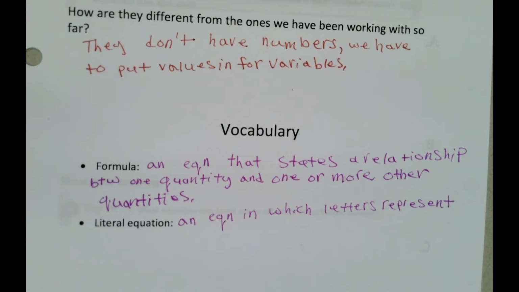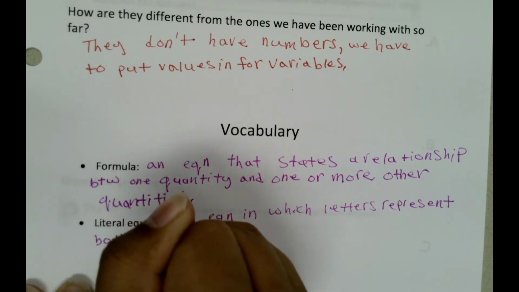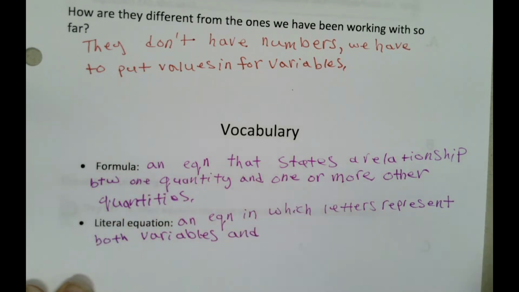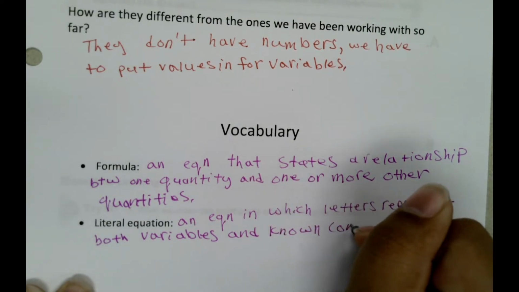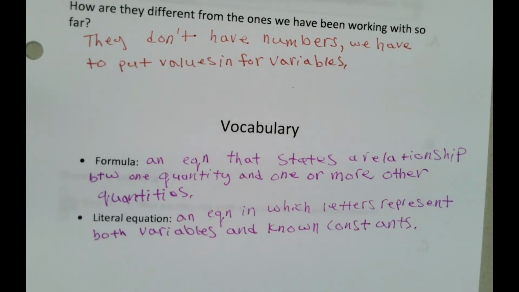So while you write that down, take the formula we wrote up there, D equals M over V. If we know M and we know V, we still write the formula D equals M over V and then plug in what we need. So a literal equation is a bunch of letters, and both the variable, the thing we don't know, and the constants we do know are all represented by letters.